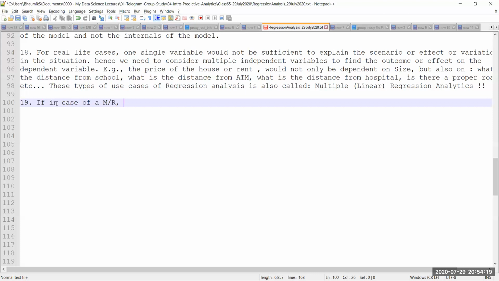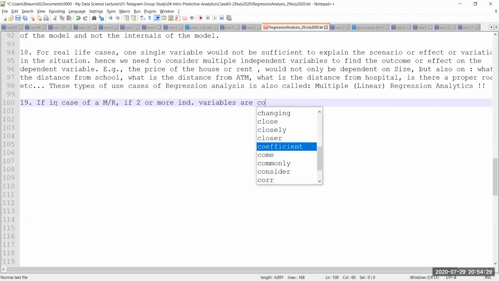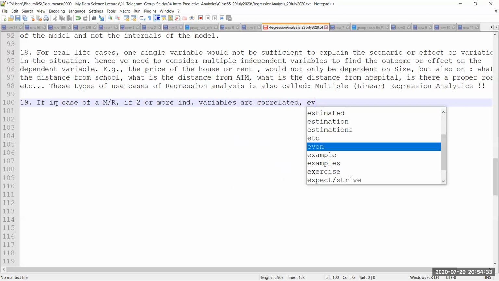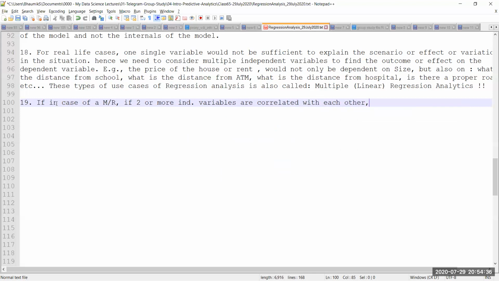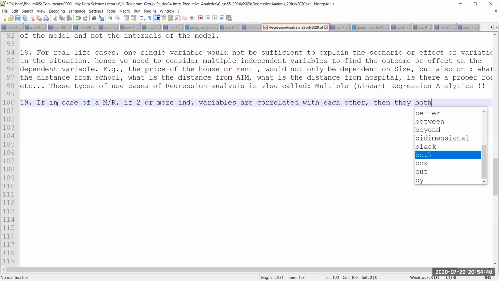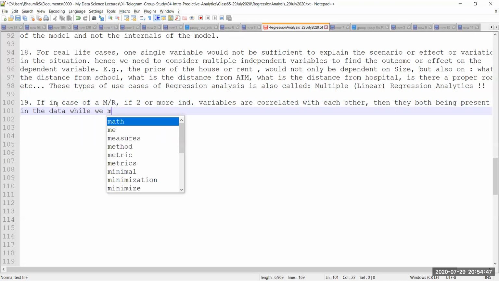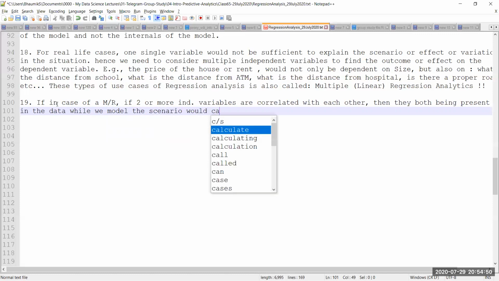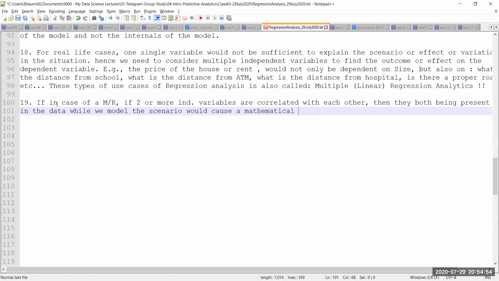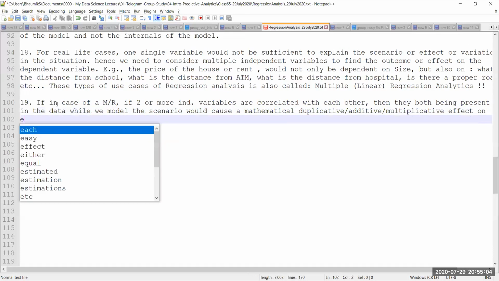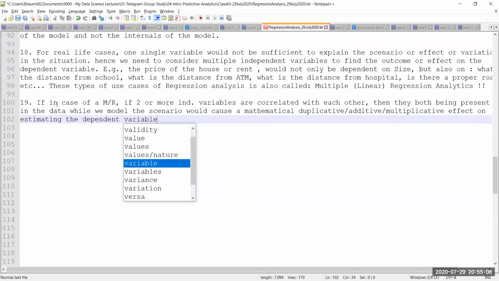Okay, so in case of a multiple linear regression, or multiple regression, if two or more independent variables are correlated, or even worse, highly correlated with each other, then both being present in the data while we model the scenario would cause a mathematical duplicative, additive or multiplicative effect on estimating the dependent variable value.